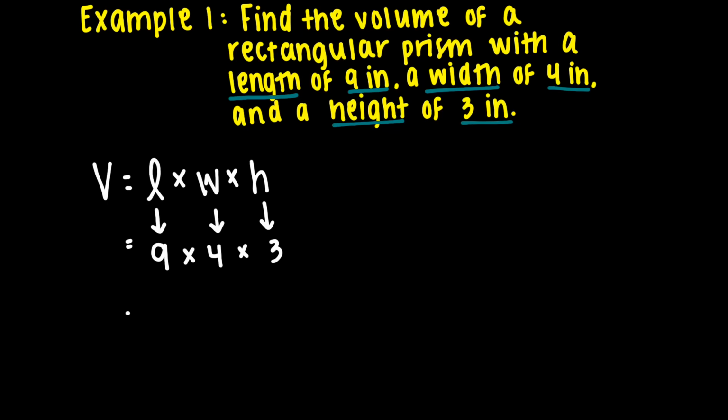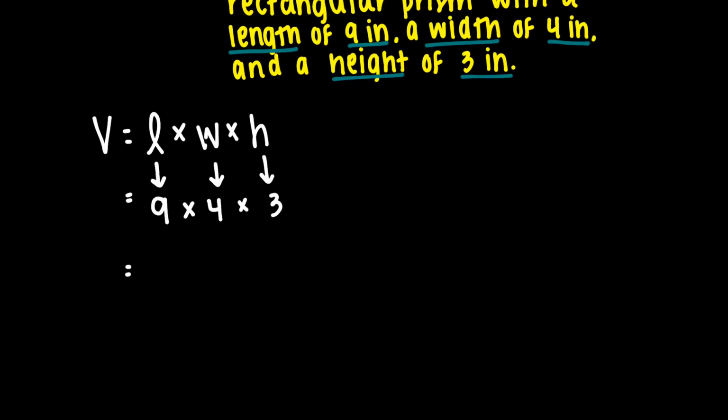Now your last step is to multiply everything together. I'm going to do it in 2 steps, but you can do it all at once, of course. I'm first going to do 9 times 4, and that gives me 36, times 3. Then I do 36 times 3, and I get 108. And I'm going to bring down the measurement, and it is inches.